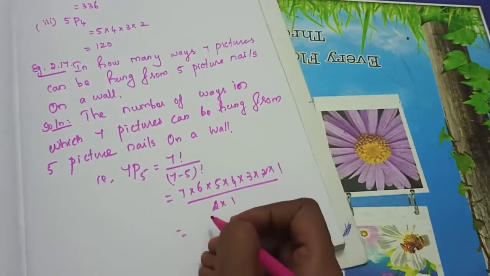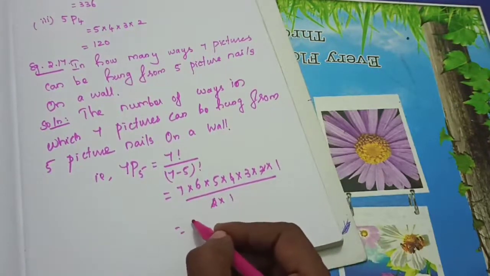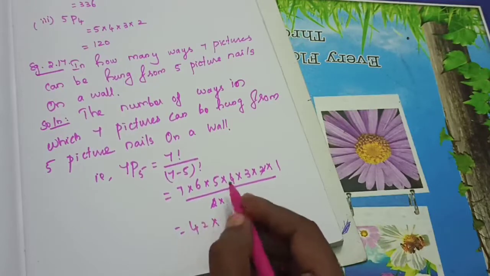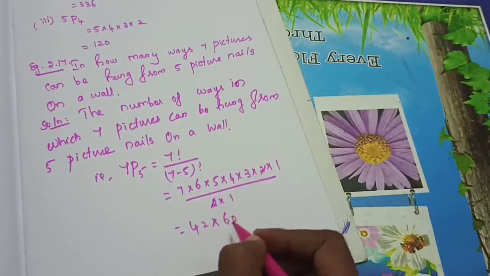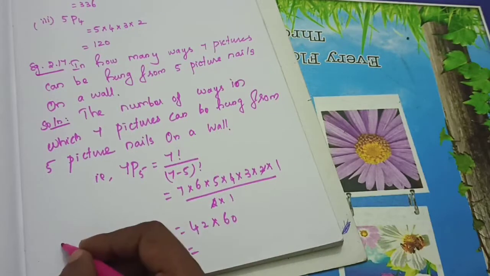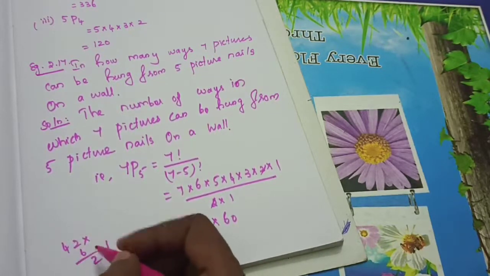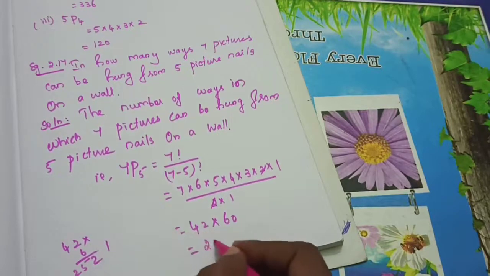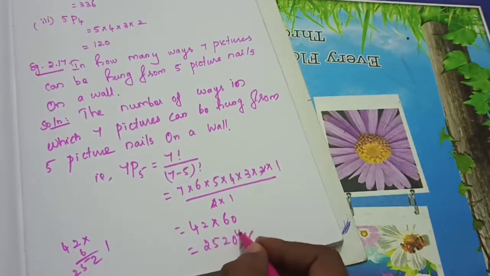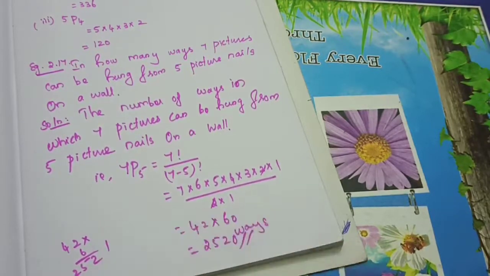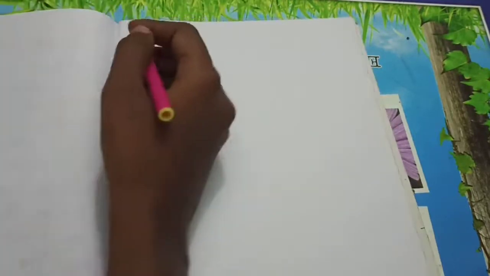So multiply all the terms. 7 into 6 means 42. 5 4s are 20, 20 into 3 is 60. So multiply 42 into 60. So 2520 ways. That's it. Got it? Let's move to the next problem.